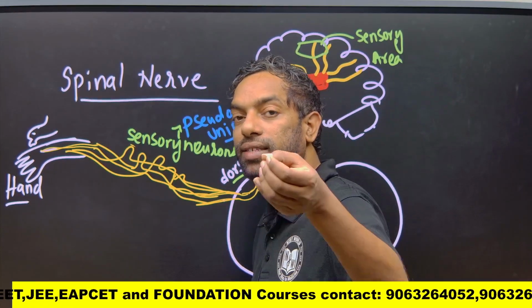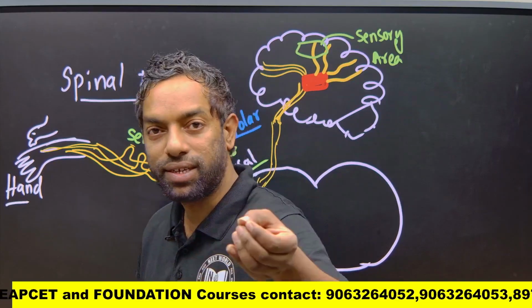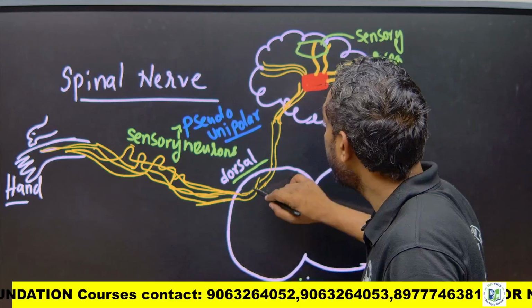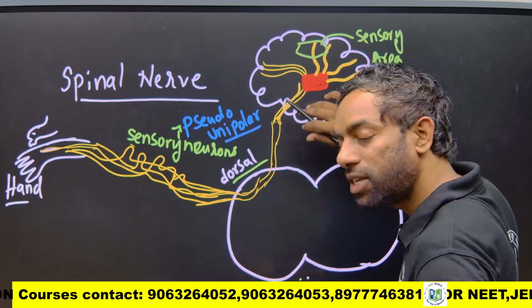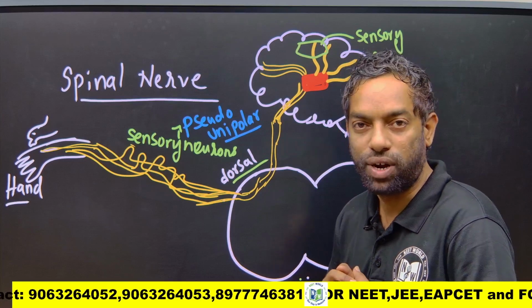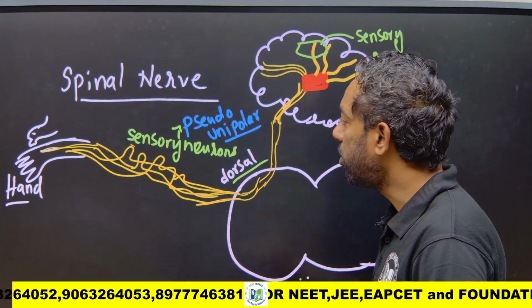Pseudo-unipolar neurons are the sensory neurons. They catch sensory information and carry it towards the dorsal root of the spinal cord, then forward to the thalamus. The thalamus analyzes it and gives the signals to the cerebral cortex. This is about sensory neurons.